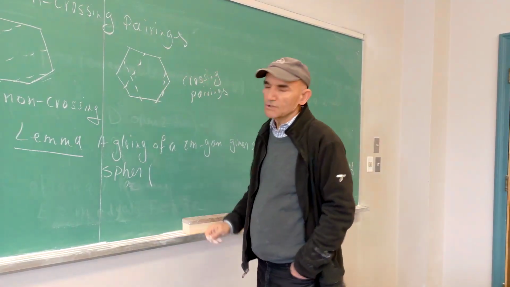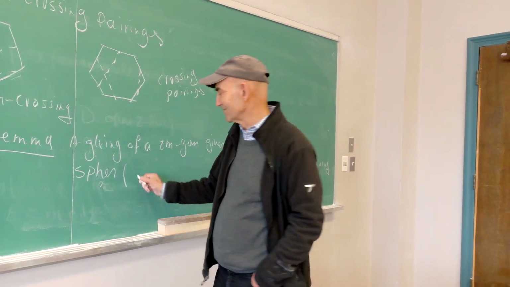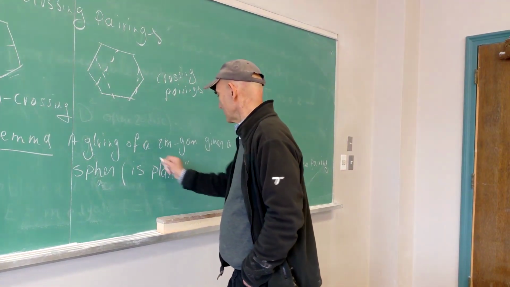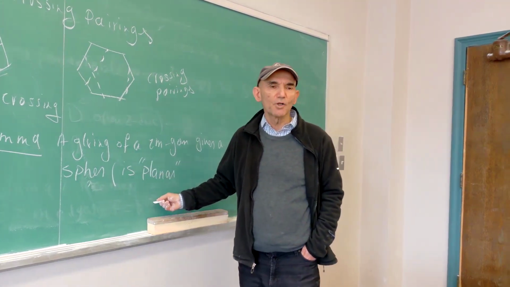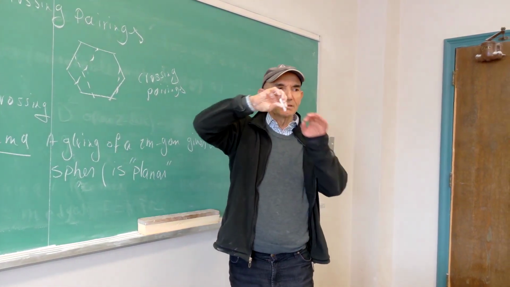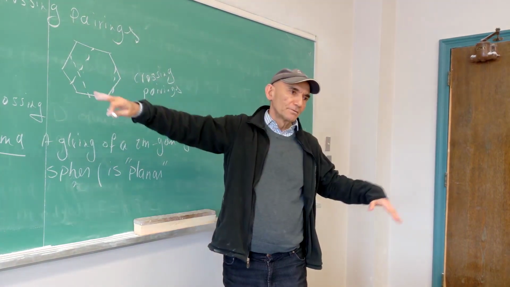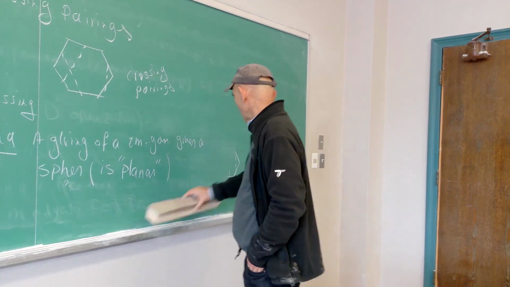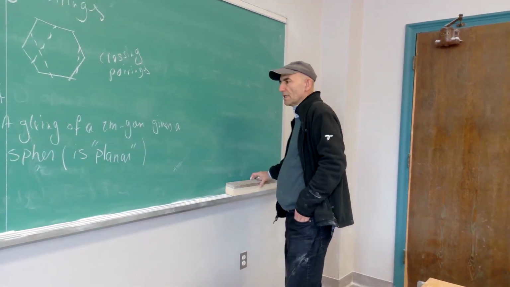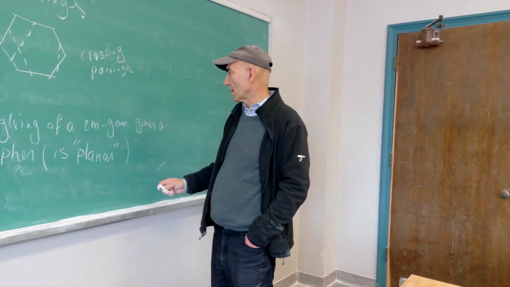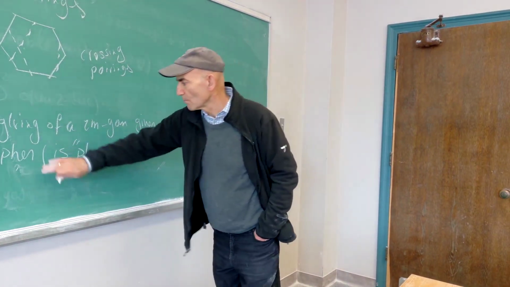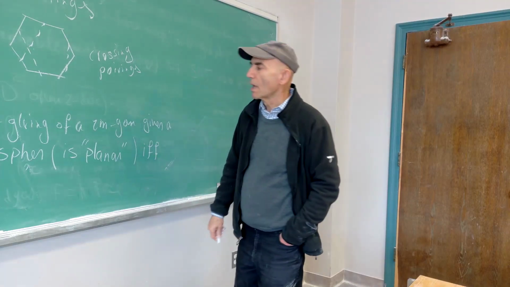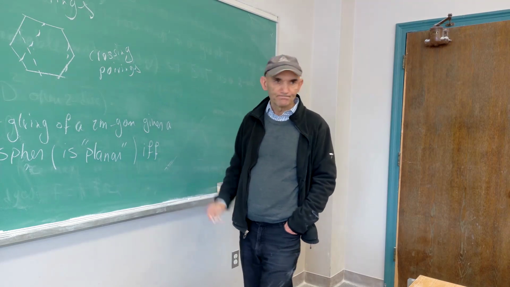It's also called planar. This is standard physics terminology, because physicists think of a sphere as a punctured sphere, and then it's planar. The lemma says that a gluing of a 2m-gon gives a sphere, is planar, if and only if it is non-crossing.